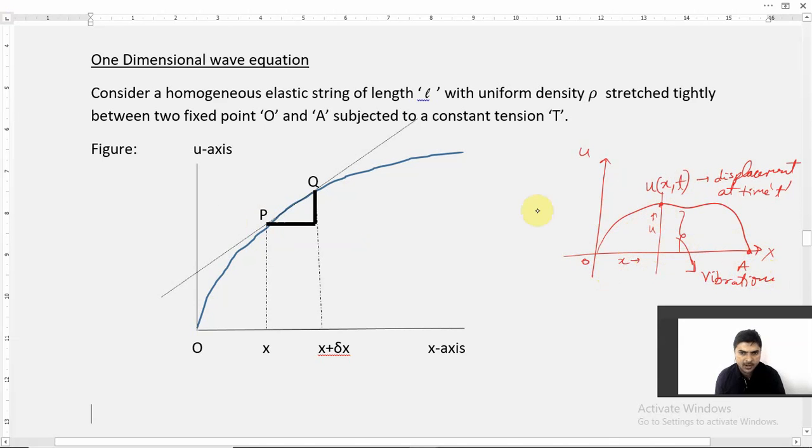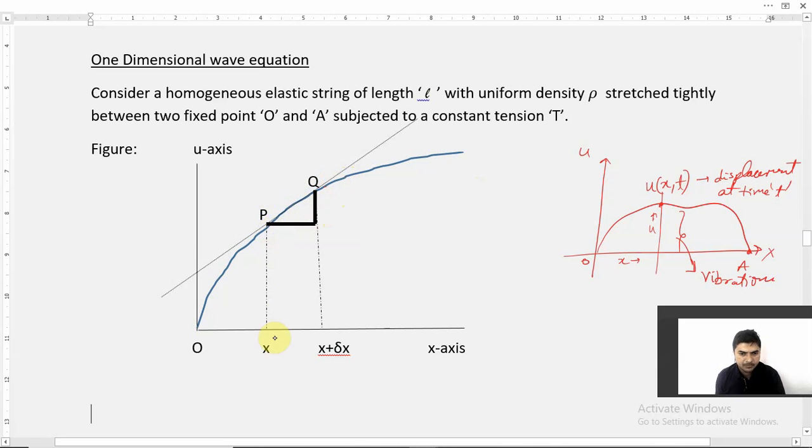So keeping this in your mind, I am going to draw mathematically how the diagram I am going to take. I am going to take only this part. So this is the wave I have taken here. In this I am going to take a point P at a position x comma u, and I will take a second point, that is Q, at x plus delta x and u plus delta u.